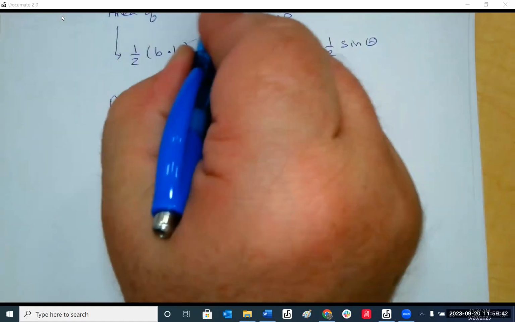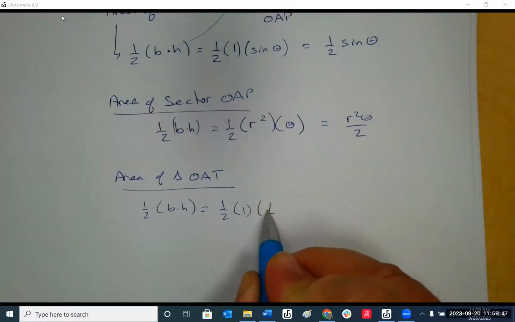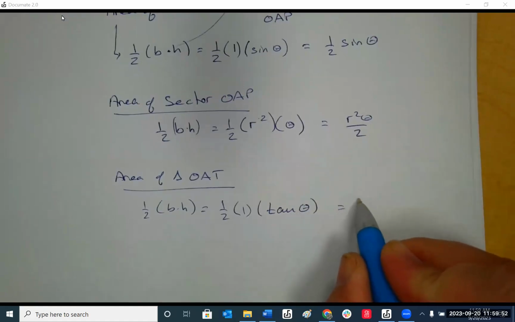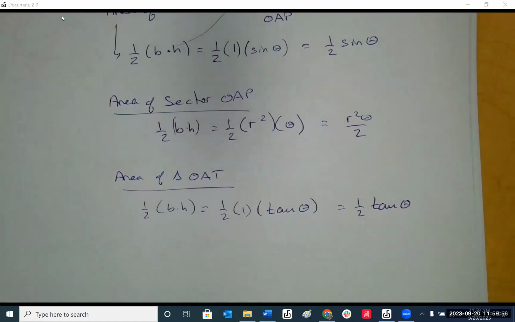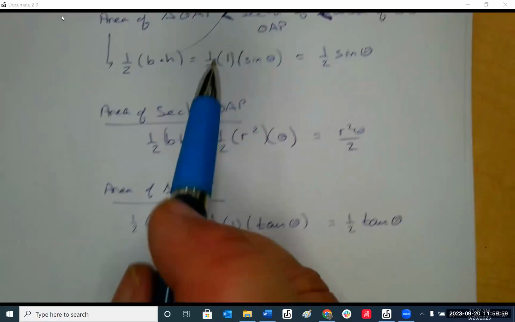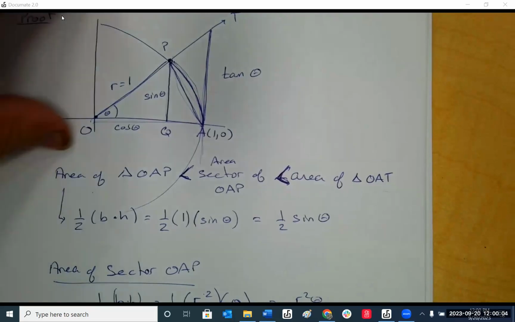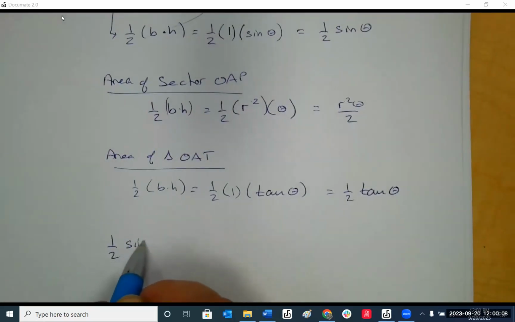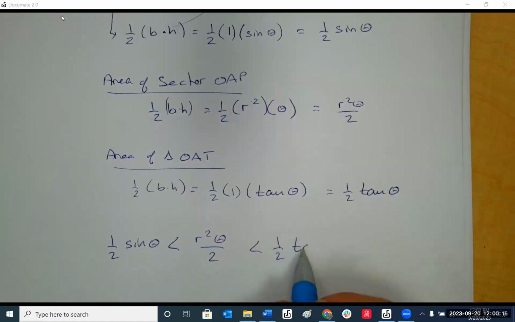The base is 1 times the tangent of theta, which is equal to 1/2 tangent theta. So far, so good? So let's put these three together. Because remember, we have area of this inner, the area OAP, and then that one. So what we know is this. We have 1/2 sine theta is less than r squared theta over 2 is less than 1/2 tangent theta.